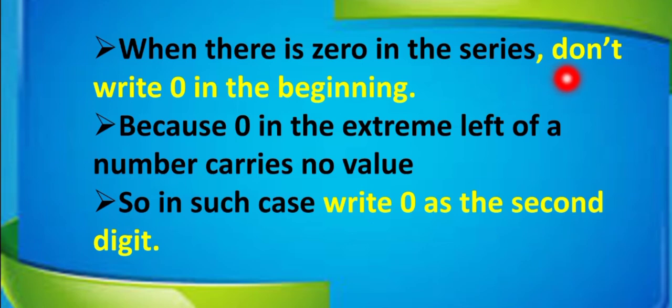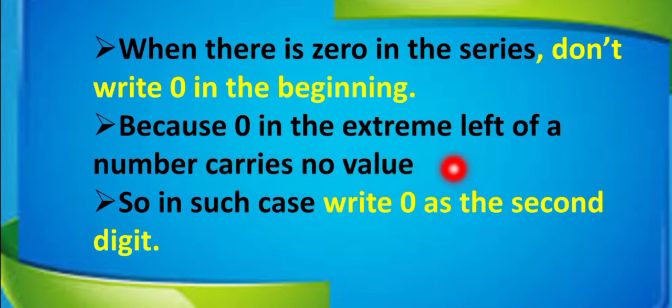Why? Because if you write 0 in the beginning, it will become a 3-digit number. But we are forming the smallest 4-digit number, isn't it? So that is the reason we are not writing 0 in the beginning. When there is 0 in the series, don't write 0 in the beginning, because 0 in the extreme left of a number carries no value.